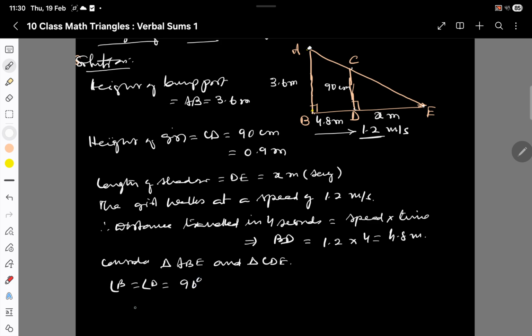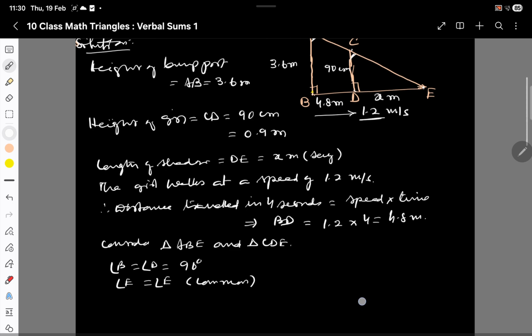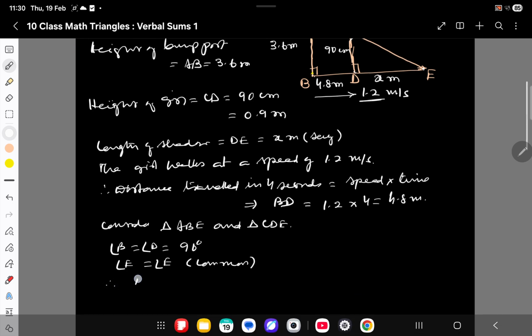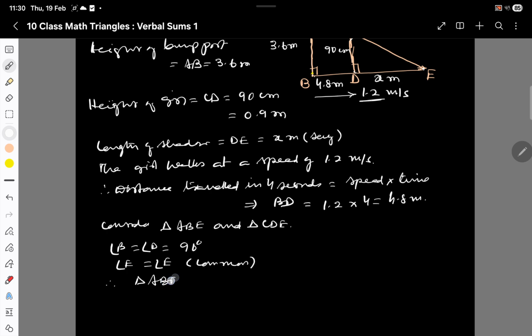Next, angle E is equal to angle E, common angle. So by default the other angles will also be equal. Therefore, triangle ABE is similar to triangle CDE, by the AAA axiom.